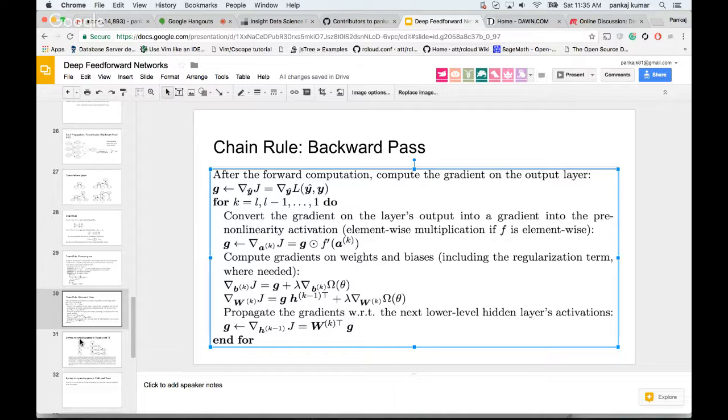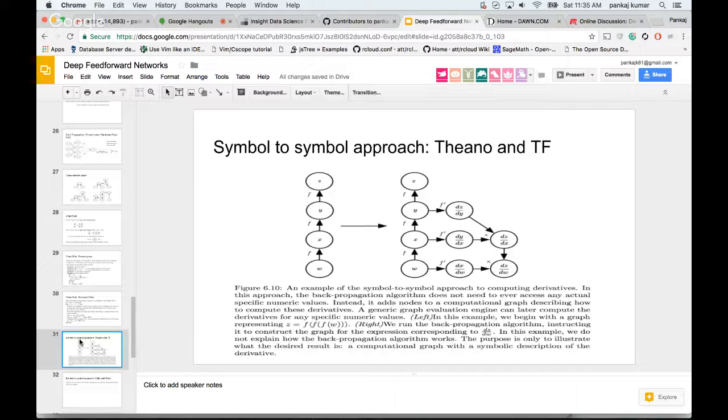But this is the theoretical way of doing it. The way a software package would do it is different.